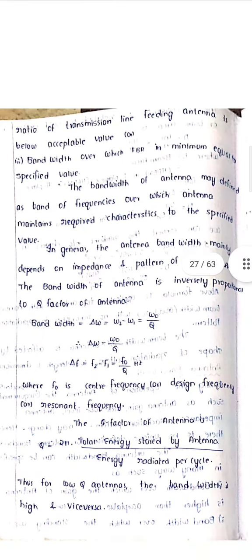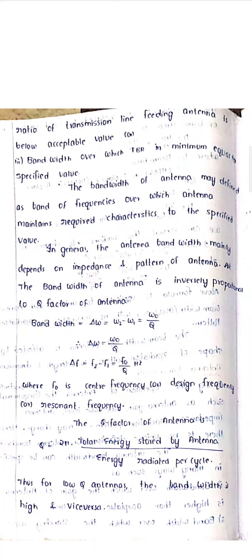So the bandwidth of the antenna depends on the impedance and pattern of the antenna, and is inversely proportional to the Q factor of the antenna. Bandwidth is equal to the difference of these points, W2 minus W1, equal to W0 divided by Q. So bandwidth is inversely proportional to the Q factor of the antenna.